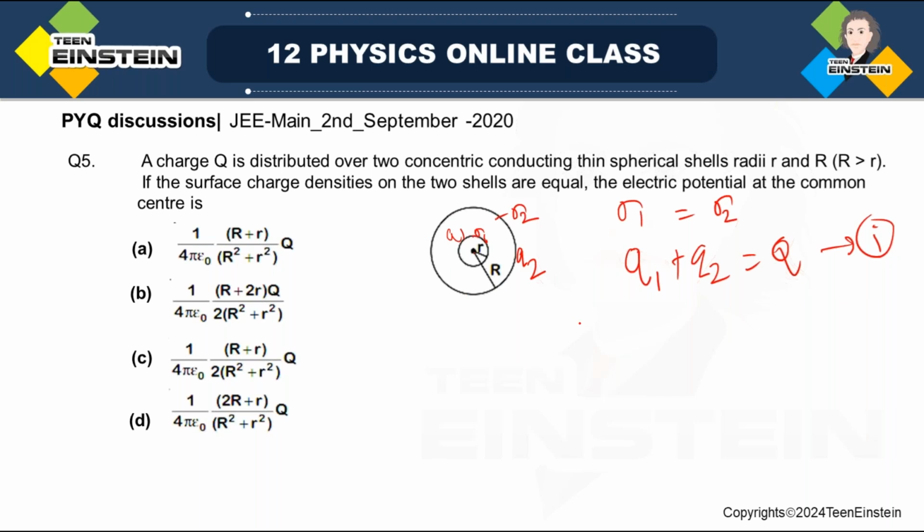So this total charge is distributed in the shells. Now the condition is sigma 1 is equal to sigma 2.